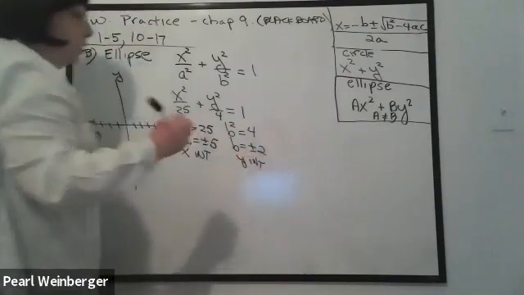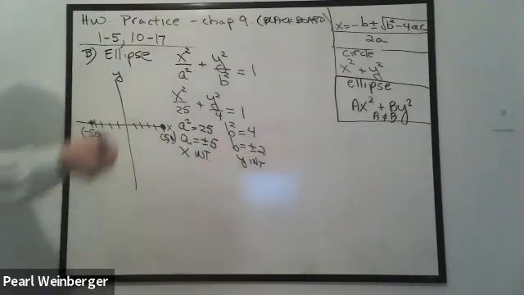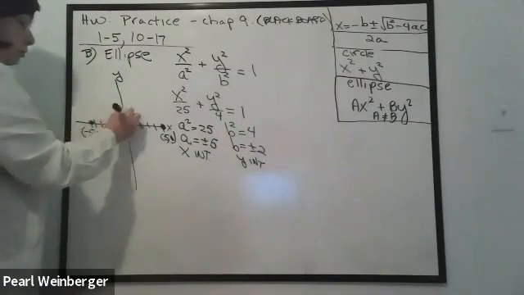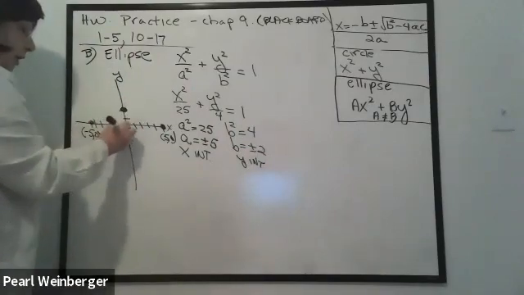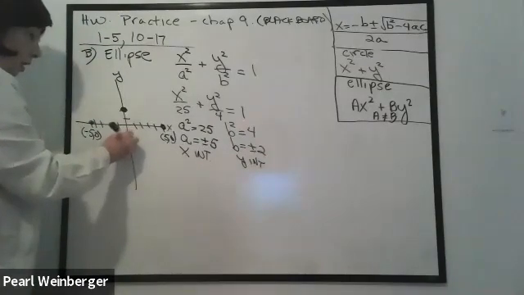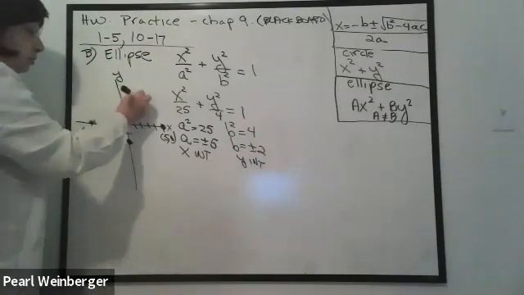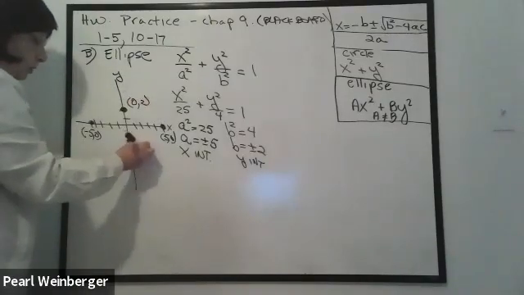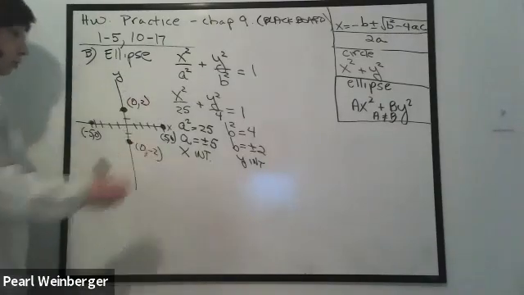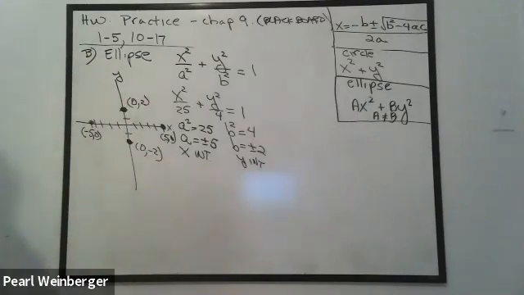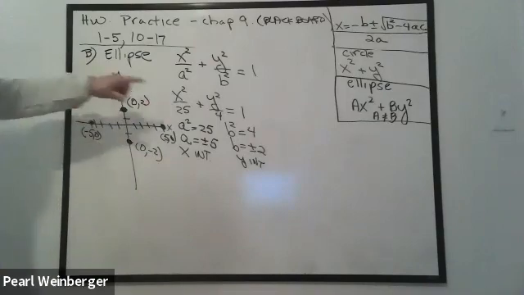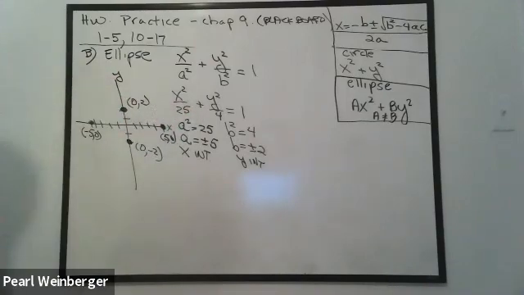So we're getting 2 y-intercepts, positive 2 and negative 2. That means 2 up and 2 down. In other words, this is the point 0, 2, and this is the point 0, negative 2. Again, we can figure out the y-intercepts by looking at the b.